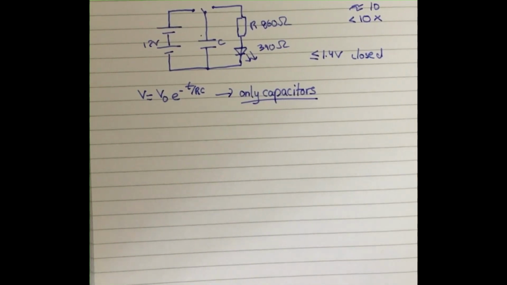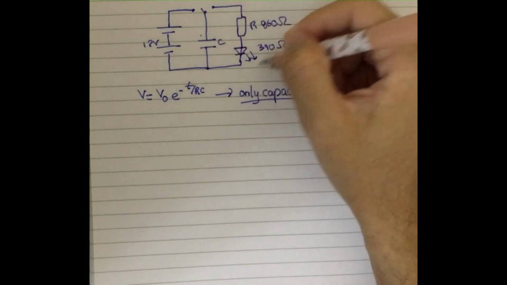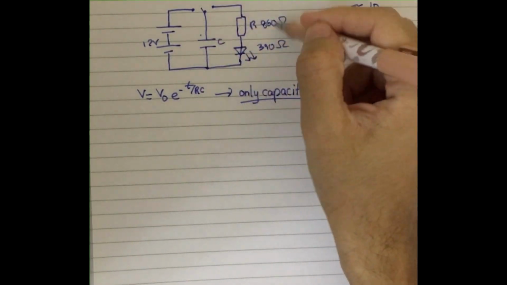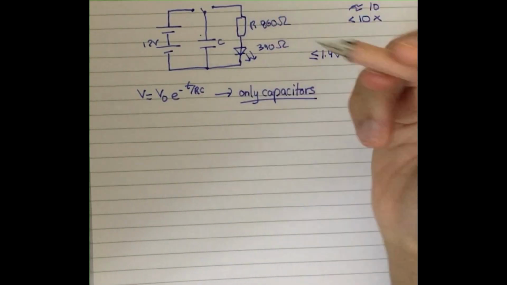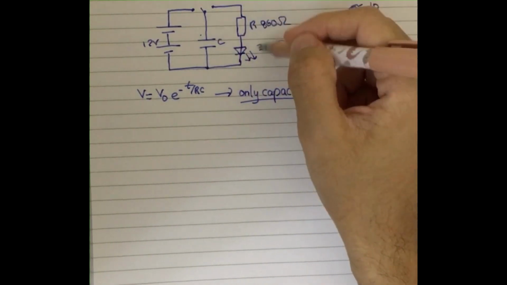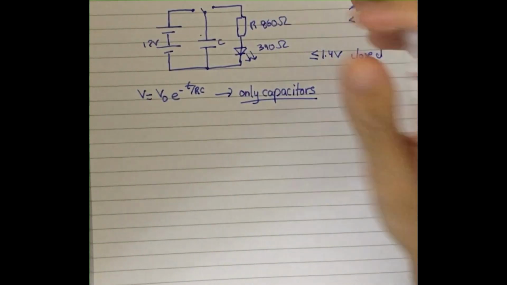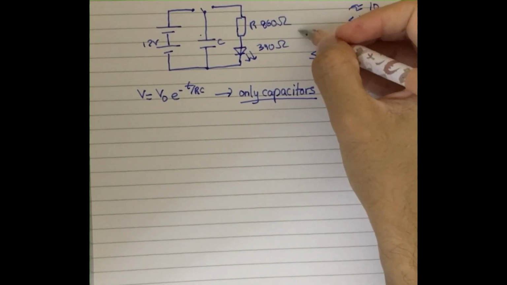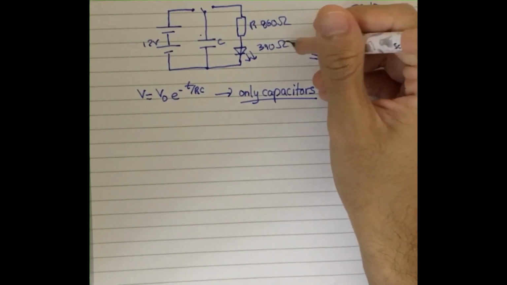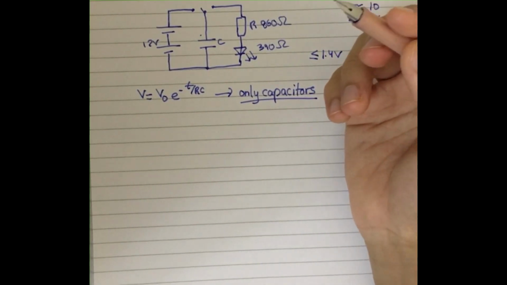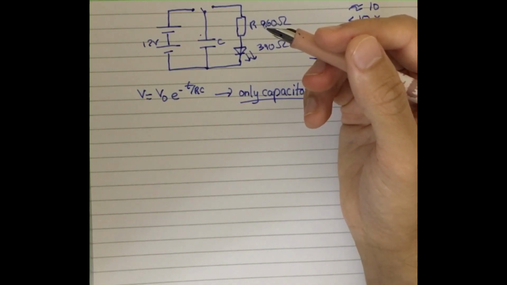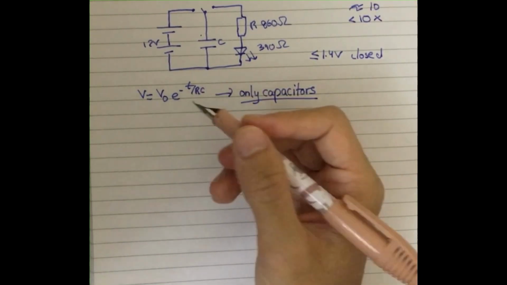So we are going to use the potential divider for this part, because over here it charges up, over here it discharges, right? And there's not only a resistor there but also the LED, so they are dividing the capacitor's voltage, right? So we're going to use the potential divider formula.